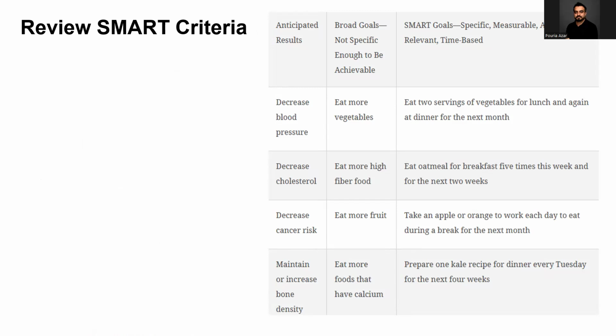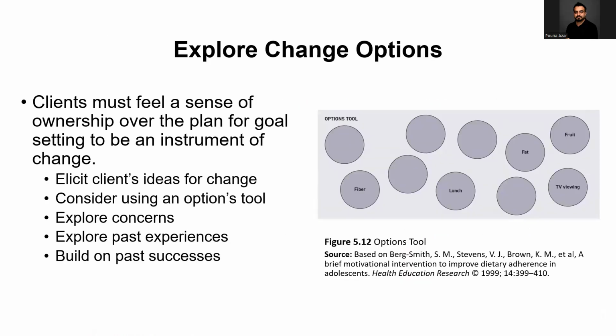For example, eat 2 servings of vegetables for lunch and again at dinner for the next month. So this is specific, measurable, achievable, relevant to blood pressure, and it is time-based. We have time mentioned here in this example.